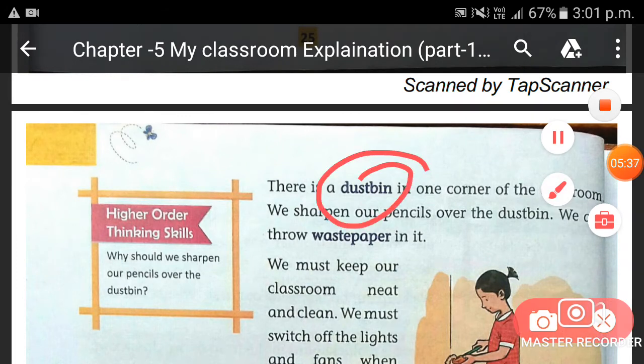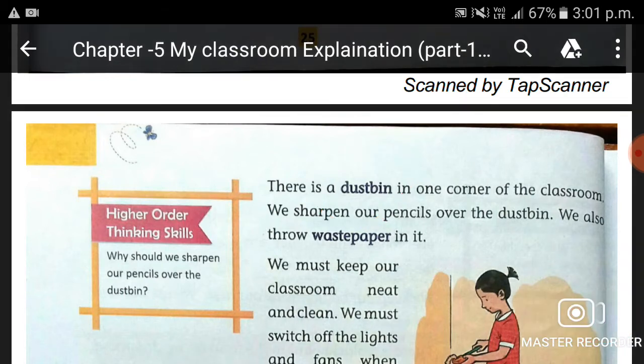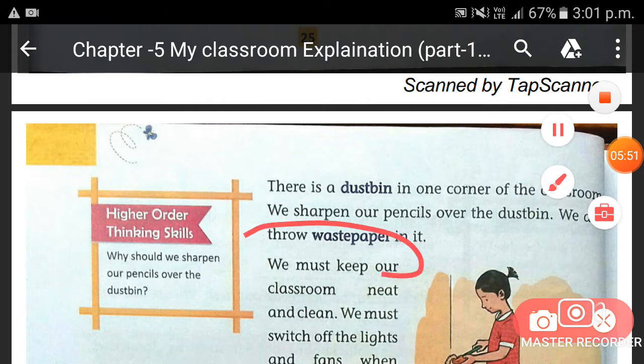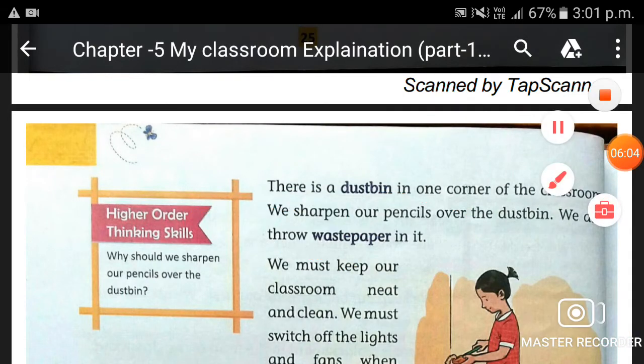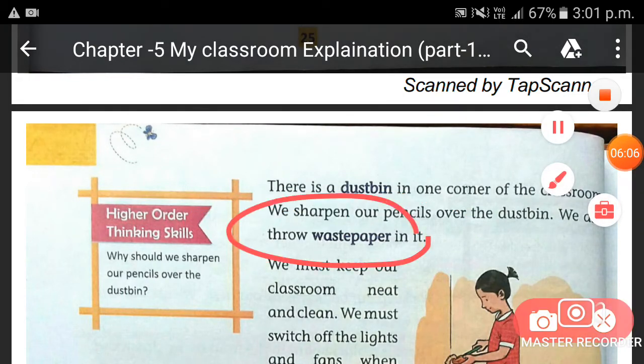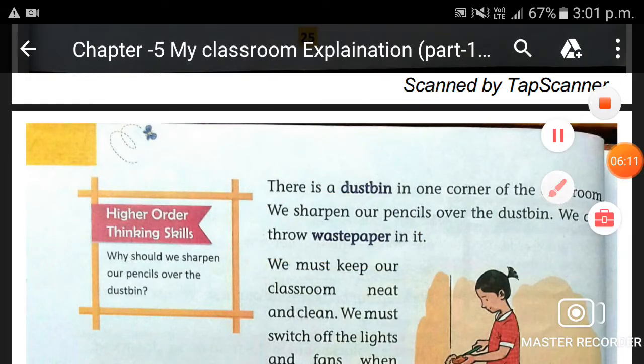In the classroom if we eat something, we throw the wrappers of the things that we have eaten into the dustbin, and we throw the waste papers into the dustbin. And when we sharpen our pencils, we throw the waste into the dustbin, and we sharpen our pencils over the dustbin. Okay, so now can you tell me, students, what is the waste paper? Yes, what is the waste paper, students?